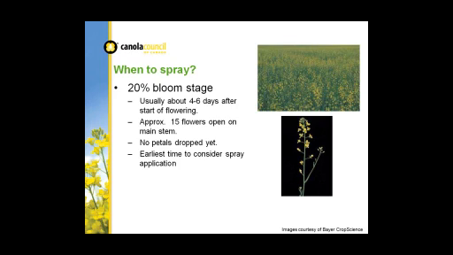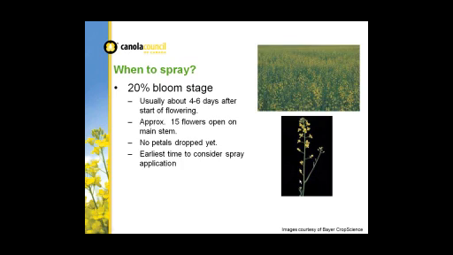For 20% bloom, you're looking at about 15 flowers that are open on the main raceme or the main flowering branch, your first flowering branch. So again, you're looking at about 15 open flowers. You will not see any of these petals dropped at this stage. So on an individual plant, you might find, okay, this plant has 15, but you go to the next plant and it might be 10, and you go to the next plant and it might be 18.